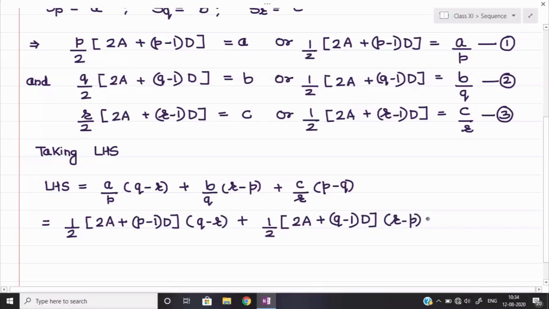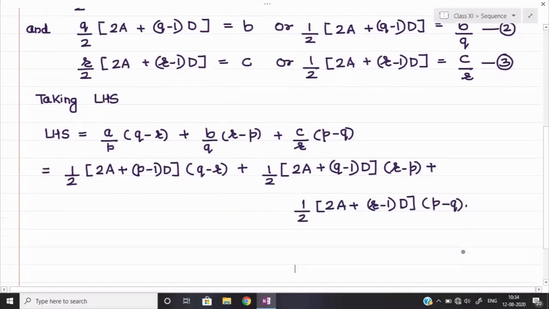And in the same way, the value of c upon r I am keeping here: 1 upon 2 into the bracket 2A plus r minus 1 into D, and then in the bracket p minus q. So p minus q I am keeping over here.